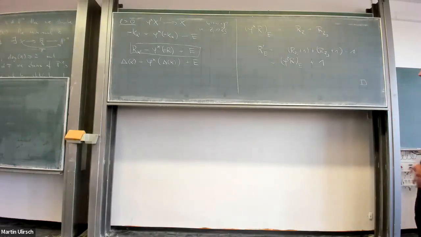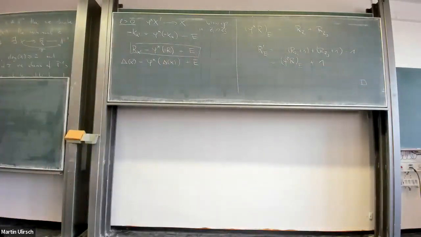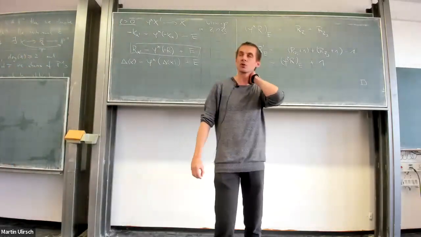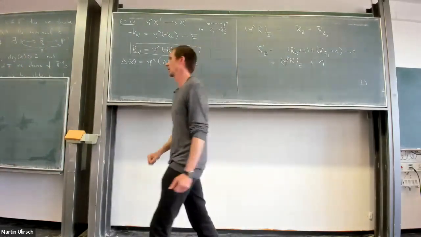So you could rephrase this and say, okay, the theorem which I formulated for toric varieties is actually true for smooth surfaces with a C star which acts fiber-wise.